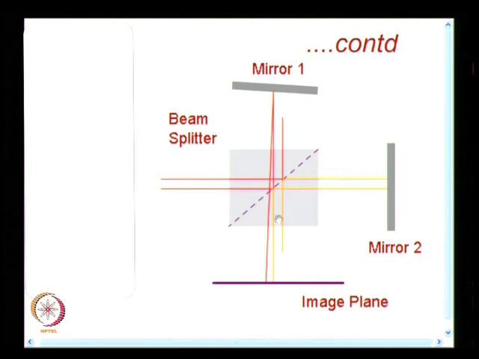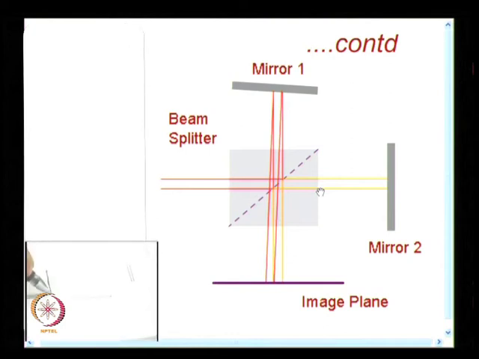So, I get one ray from mirror 2 and I get another ray from mirror 1. You make a sketch of it, I will repeat the animation again for you to understand how you perceive this, and because of the shearing action you essentially measure the slope.